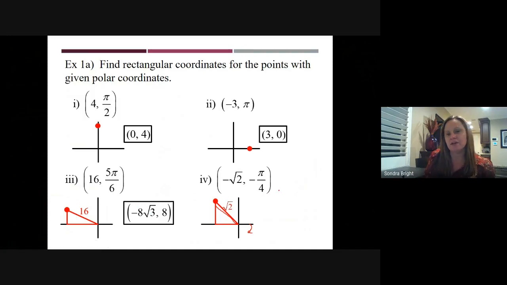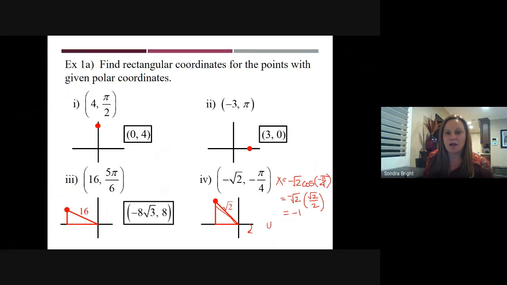And so to get your x and y, x would equal negative rad 2 times cosine of negative pi over 4. Cosine of negative pi over 4 is a positive rad 2 over 2. So you end up with what? Negative 2 over 2, so that should be a negative 1.